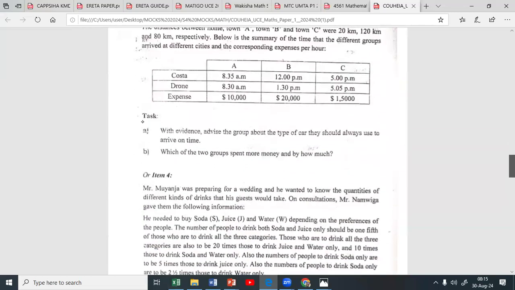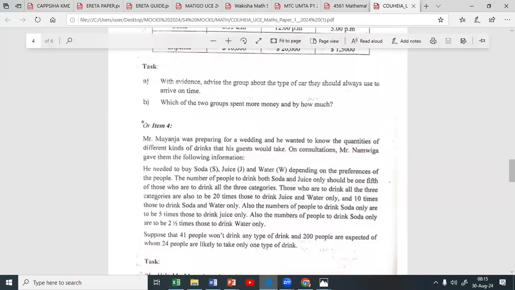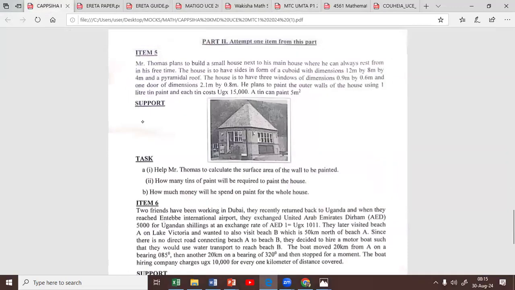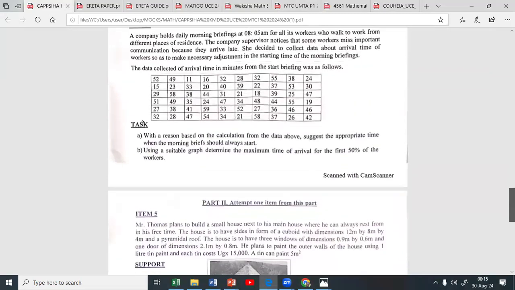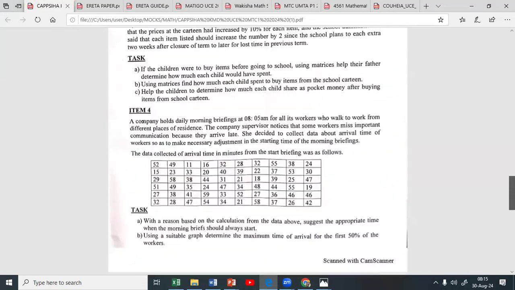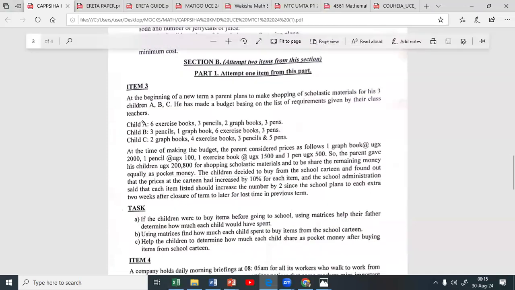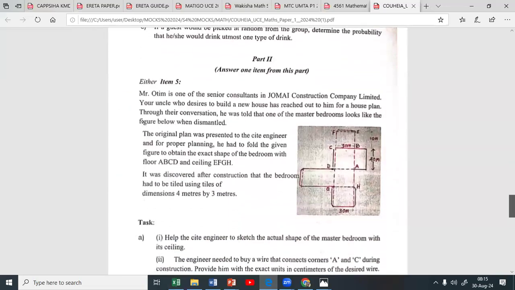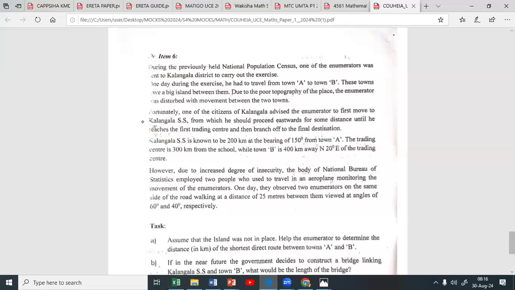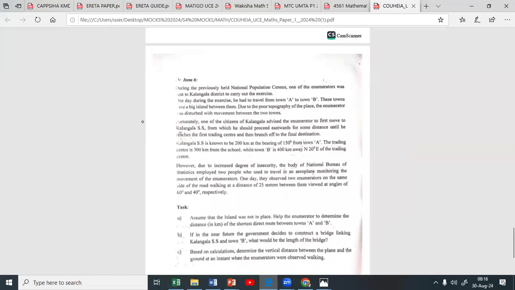This is distance time graphs. Let me check. There's a mock paper where there was a number I wanted you to try. Okay, yeah, it is this one. You take a screenshot of this number. You can try it in your free time.